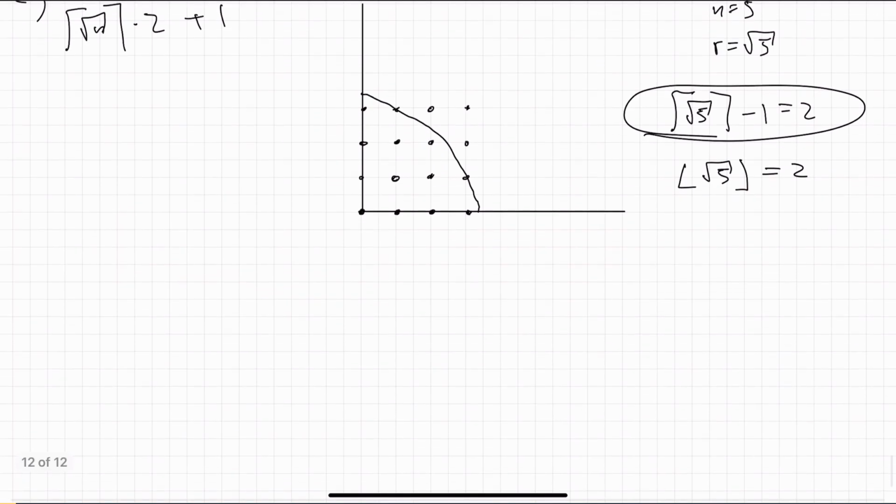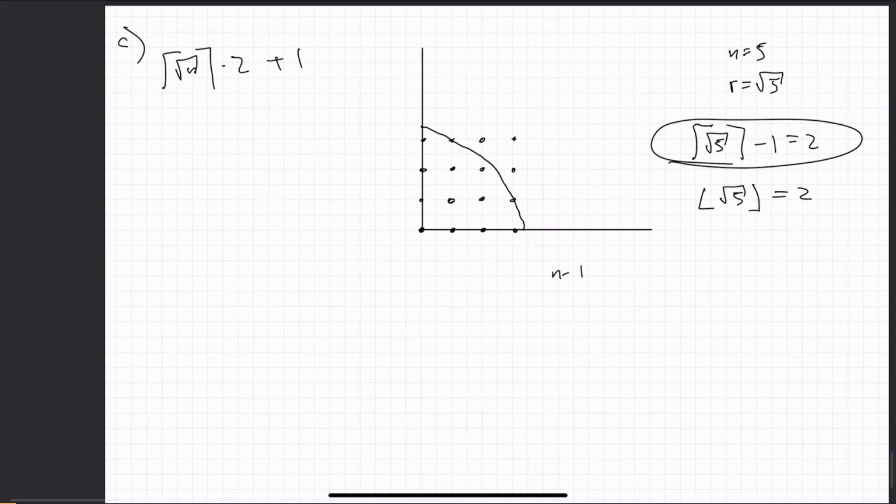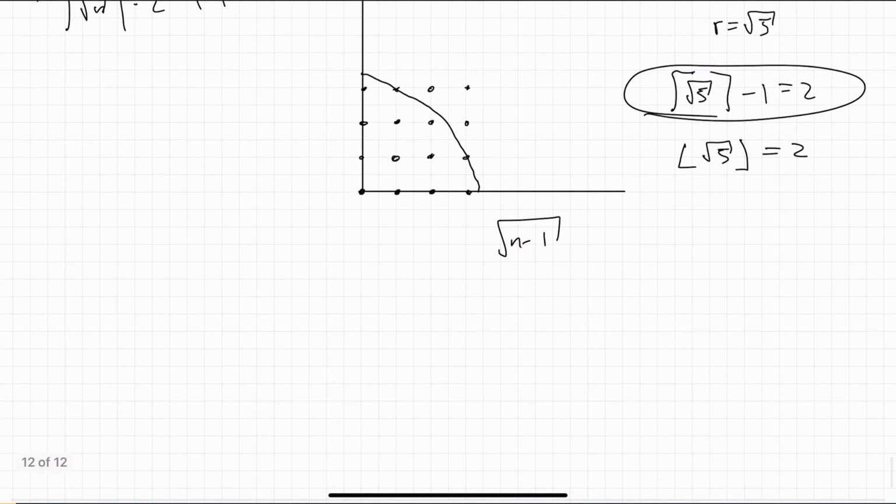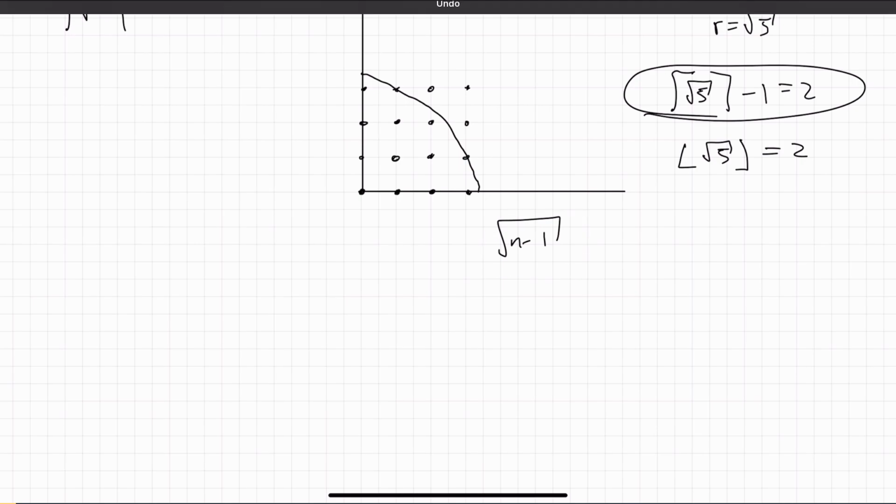Now one thing we can do is say, okay, the radius is root n, but we want the radius to be slightly smaller than root n. So what we can do is take n minus 1 and then square root it. And this will basically be the next smallest radius that we can actually use. And if this happens to somehow be an integer, then we'll count it. But if it's not an integer, then it's fine.